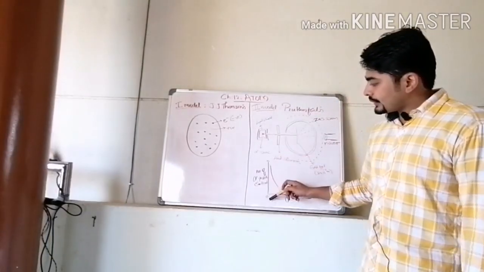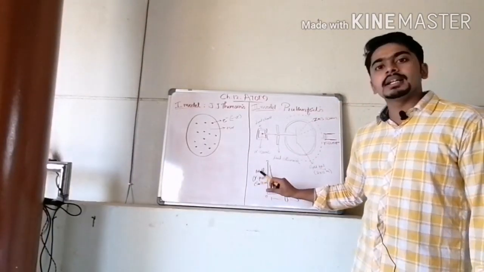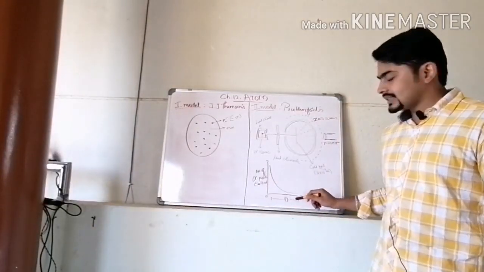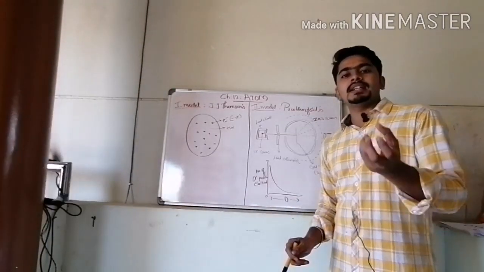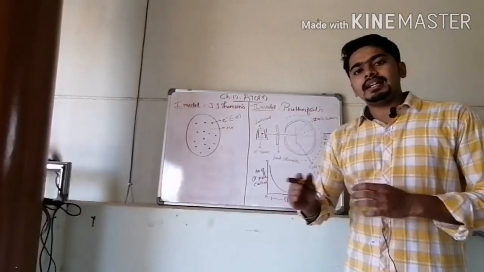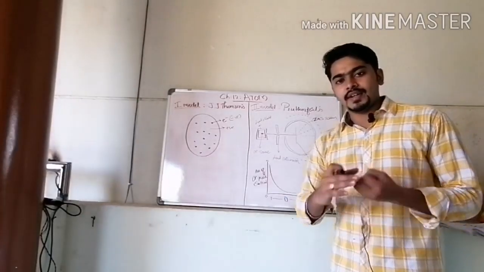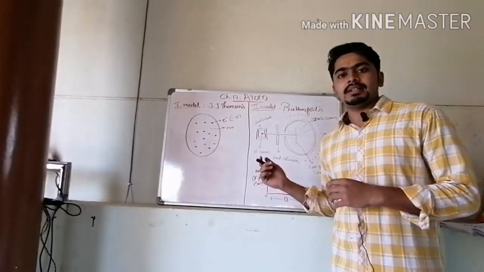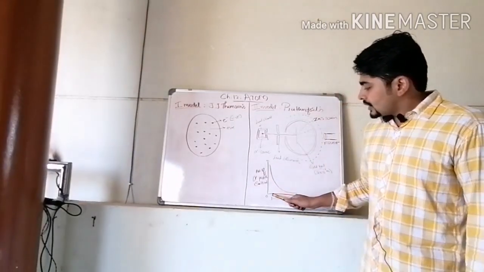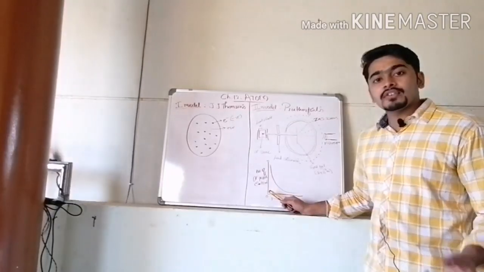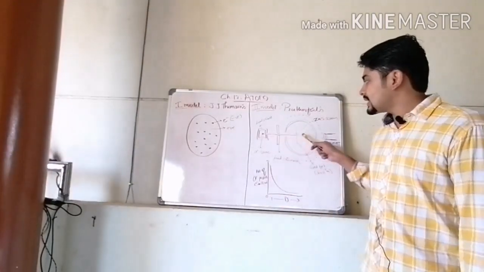On the y-axis he has taken the number of alpha particles scattered, and on the x-axis the different scattering angles. He is studying different angles of scattering, and what happens to the number of alpha particles at each angle. He first studied zero angle of scattering, that is, direct interaction.